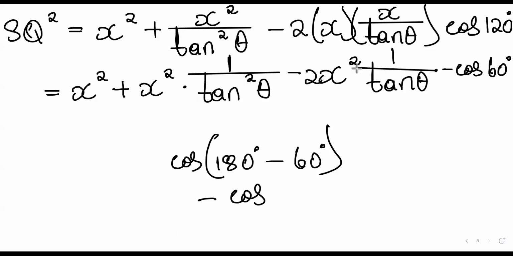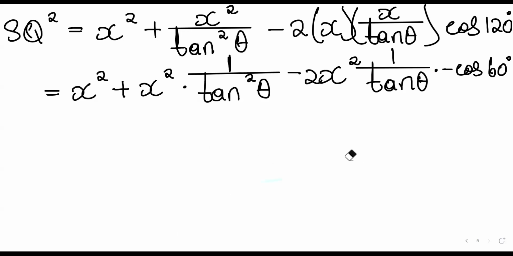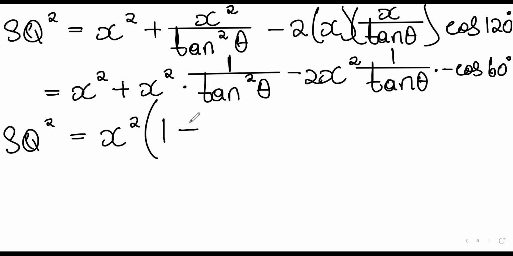But you know that you're a learner, so you need to show all the workings. I'm just skipping the steps here. You had to show that you're using a reduction formula. Negative by negative gives us a positive, yes? So now I can begin to take out a common factor, because x squared is there in every one. If I take it out, I'm left with 1 from the first one. If I take it out, I'm left with 1 over tan squared theta from the second one.